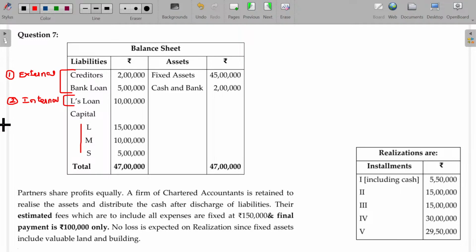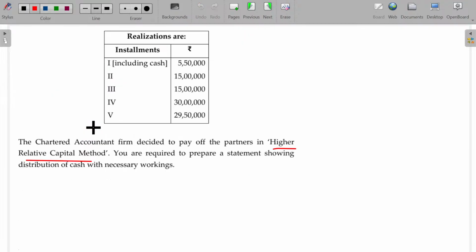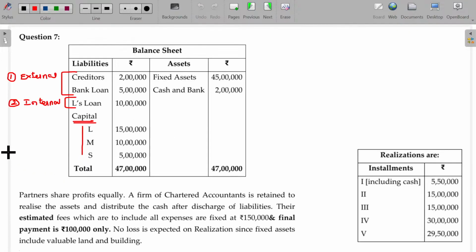After making the payment to these three, thereafter only you start making the payment to the owner's fund. While making the payment to the owners, we will either follow capital proportionate method or maximum loss method. But in this illustration, it is clear that highest relative capital method, means capital proportionate method, will be followed.